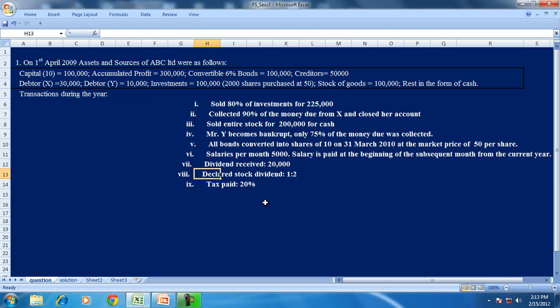Declare stock dividend. We'll pick that item after completing the financial statements, or after determining the profit after tax, and then understand the effect of that on the book value per share.